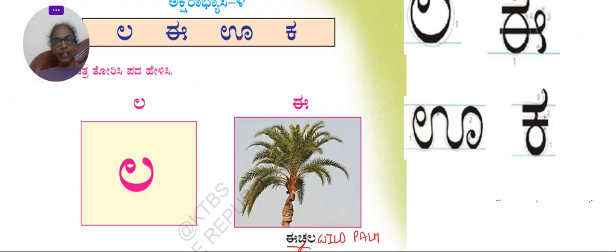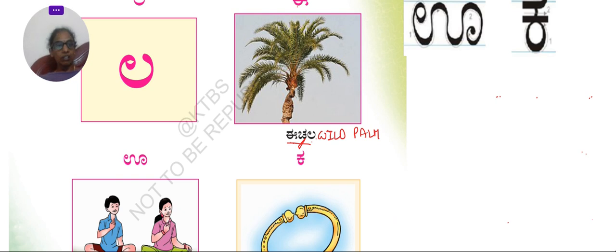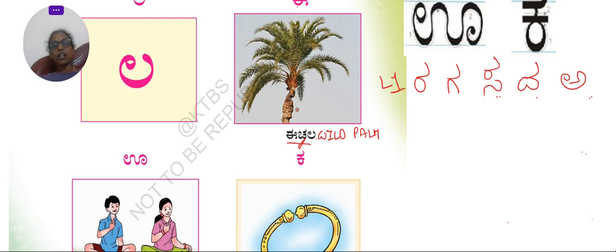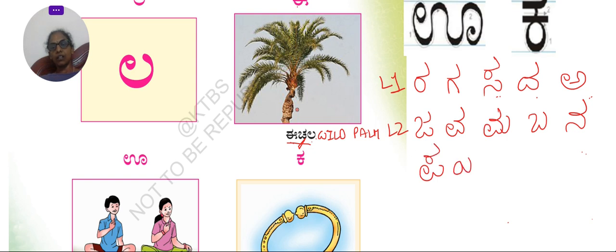Now again, I will repeat all the 20 alphabets that we have seen so far. Ra, Ga, Sa, Da, A. This was lesson 1. Then Ja, Va, Ma, Ba, Na. This was lesson 2. Then Pa, Ya, U, Da, Ta, Cha.